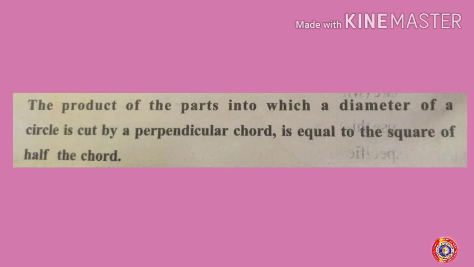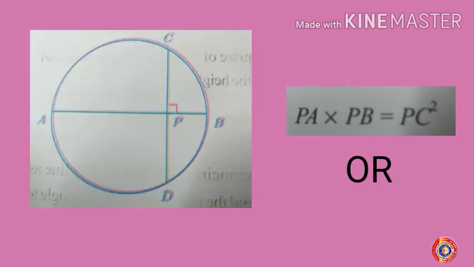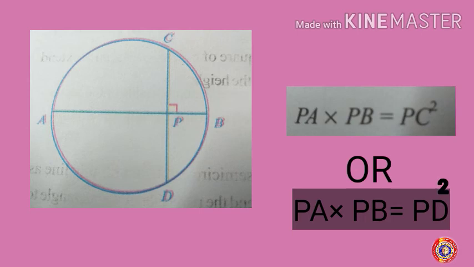The product of the parts into which a diameter of a circle is cut by a perpendicular chord is equal to the square of half the chord. Here AB is the diameter and CD is a chord.